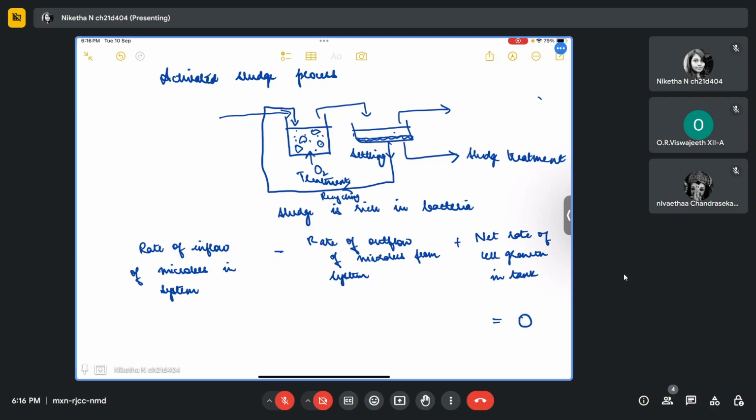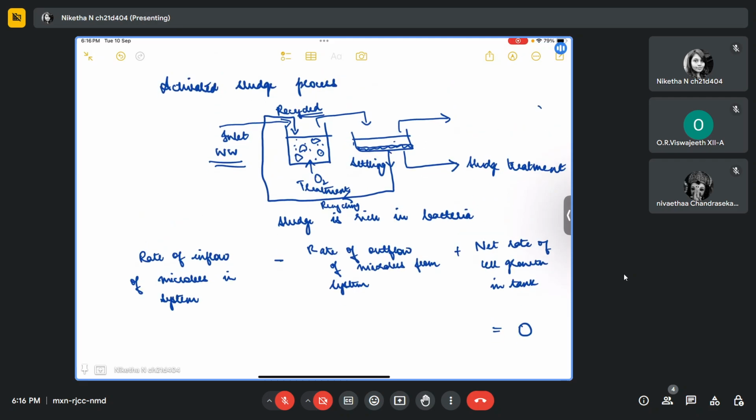Now at the inlet, we have to consider both the microbes that are present in the inlet feed wastewater, plus the recycled sludge that we are putting inside the tank. So this will include both the inlet wastewater as well as the recycled sludge. Both of them will constitute the rate of inflow of microbes in the system.